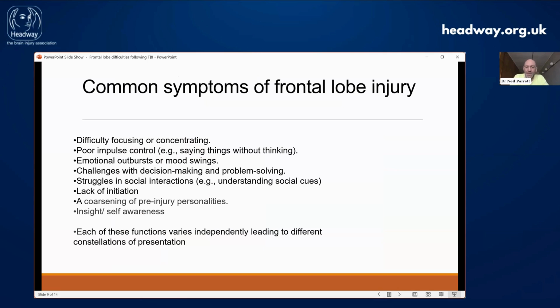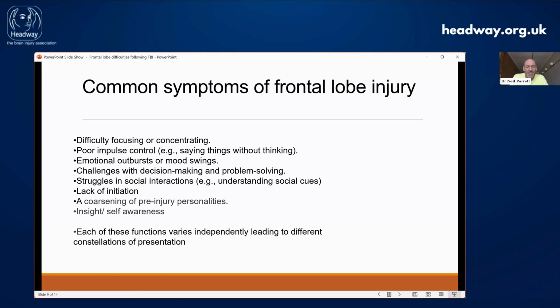So difficulty focusing or concentrating, that inability to filter the information that is coming in through our senses and stay targeted on whatever particular thing we are doing at that time, can become difficult. It can, for example, become very difficult to follow the plot in a movie, to follow the story in a soap opera.